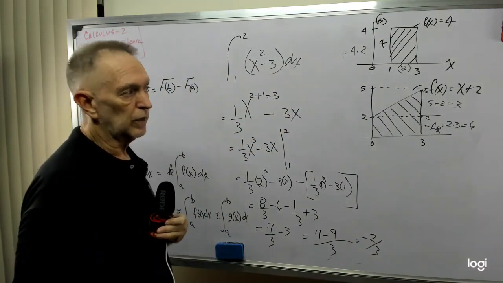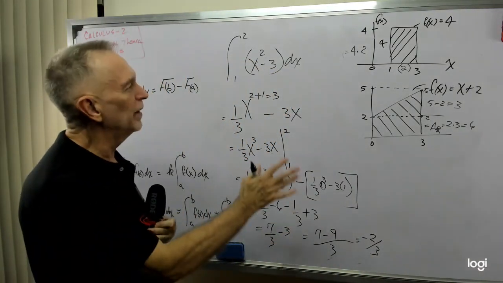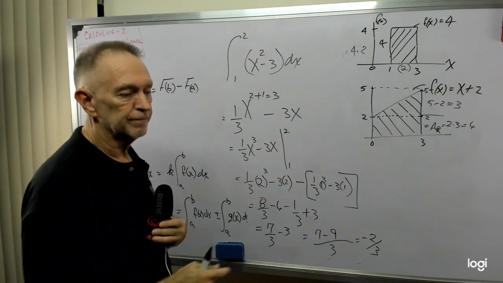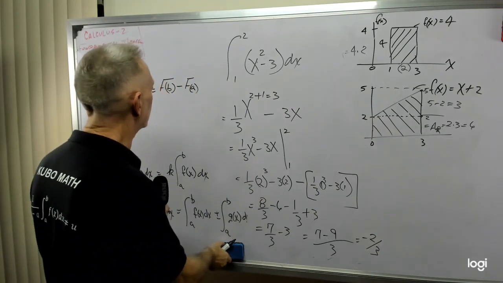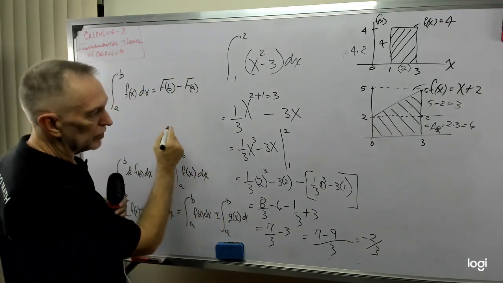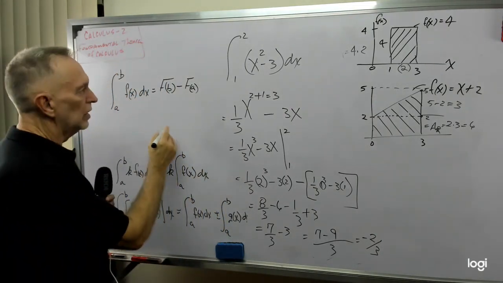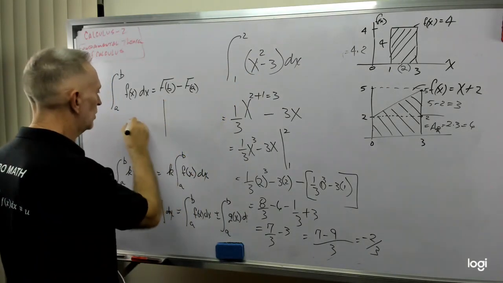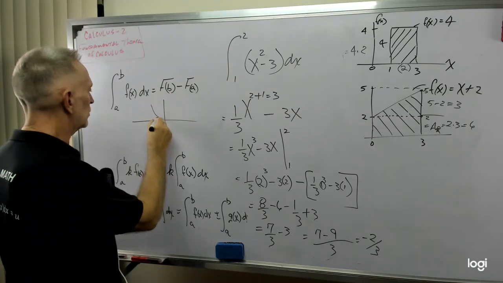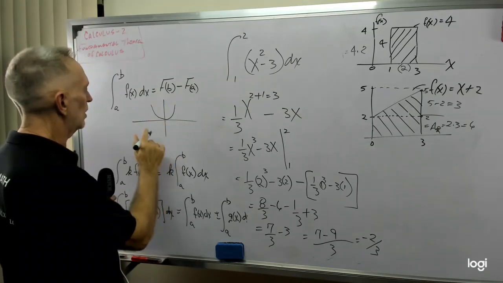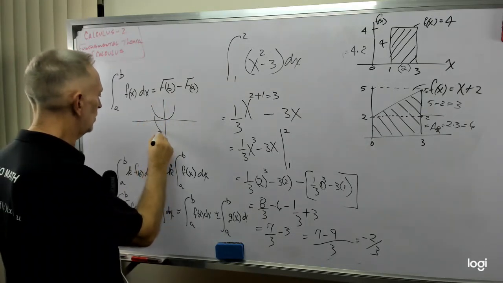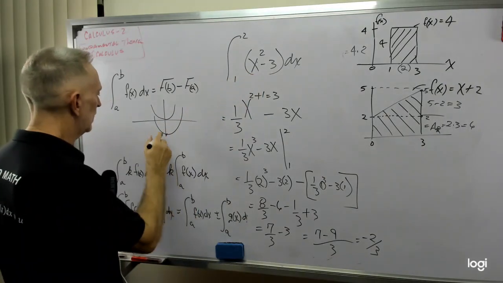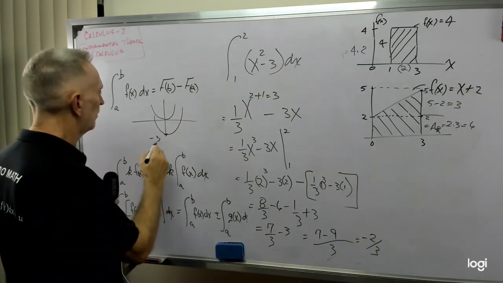Now, you may be thinking, whoa, wait a minute. You said we're getting the area under the curve. Yes, I did. Hopefully you can see this here. What is our function? x squared minus 3. So if this were just x squared, it'd look like that. x squared minus 3 says when x equals 0, I'm sitting here at a negative 3.